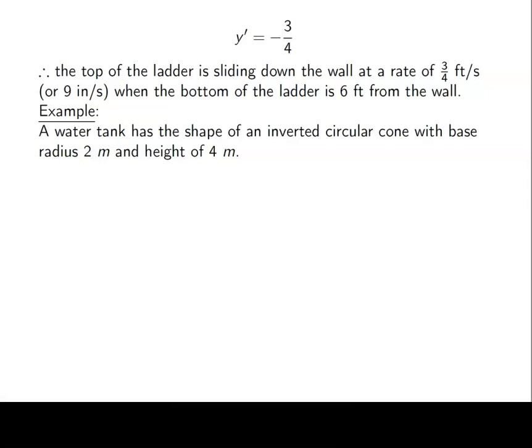An inverted cone is just when you flip that upside down, like you would put ice cream in. So the base is up top and then it comes down to its skinny point. Circular cone means the base is a circle. Inverted means that the base is actually on top instead of on the bottom. So it's not sitting on its base. The base is face up, and the sharp tip is pointing downwards.